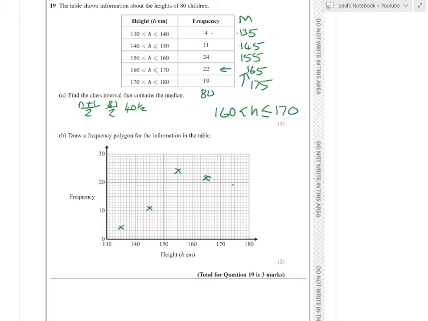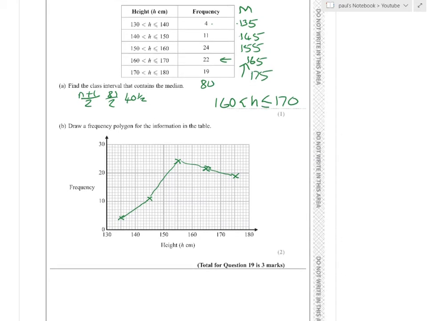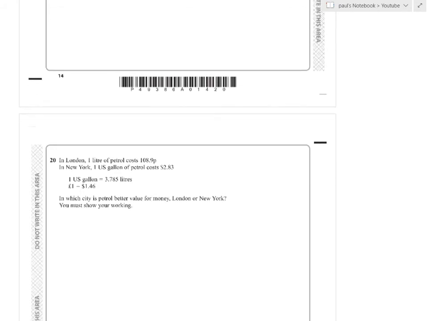Now, frequency polygon. You could join them up. I suppose that's a line graph, but I don't know. So as long as we've got the plots at the midpoints, that's all they're looking for.